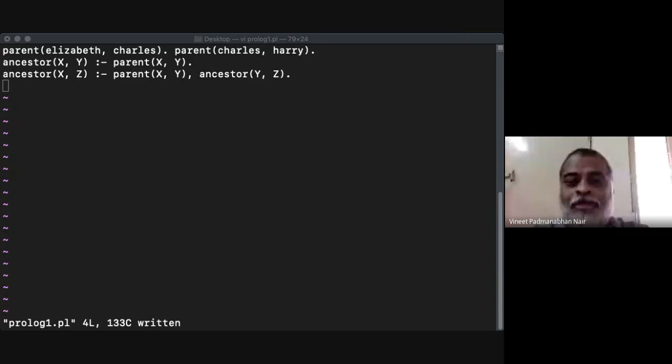Once you download and install that and try to run it, you get a prompt of this type: copyright 1999 Daniel Diaz. You can see a question mark and a hash. This is what I was telling you earlier.